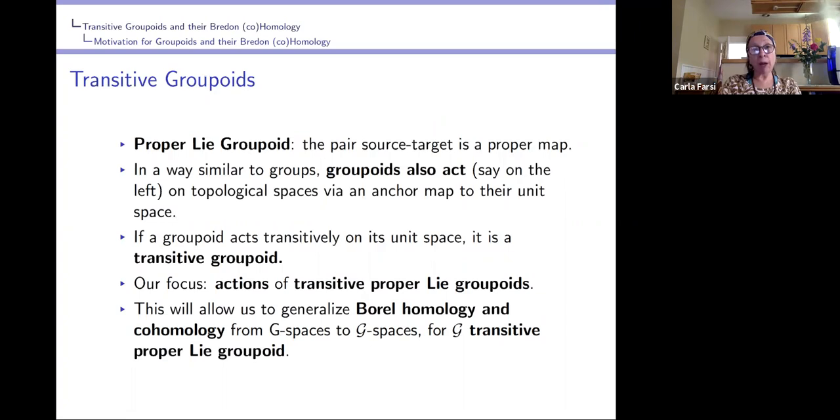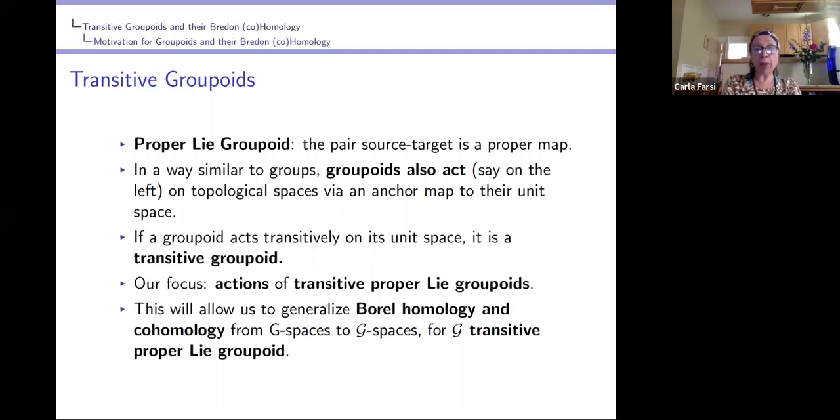You have an anchor map that tells you which arrows will act on which points. So you take this definition of action of a groupoid on a space and you call it transitive if the orbits are the whole space.